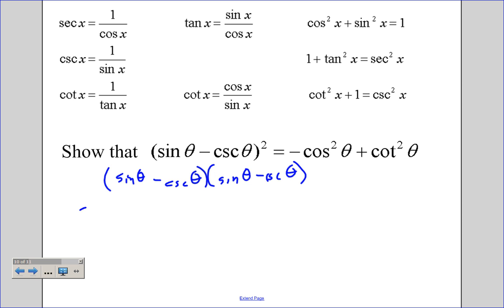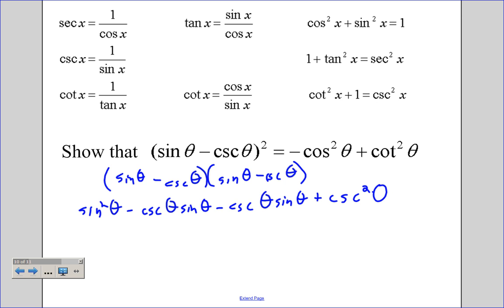Sine times sine is sine squared theta. This would be a minus cosecant theta sine theta. And this would be another minus cosecant theta sine of theta. And this would be a plus cosecant squared theta.